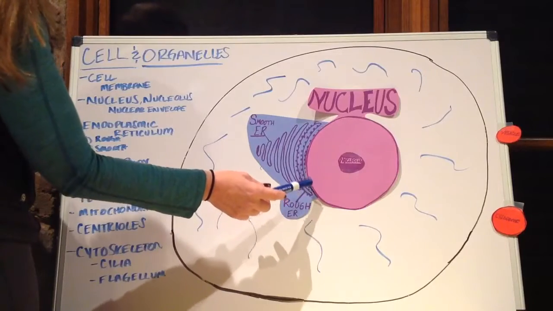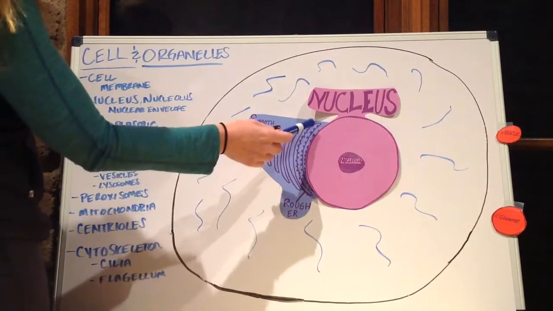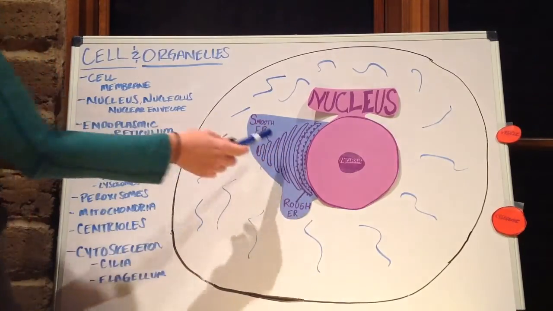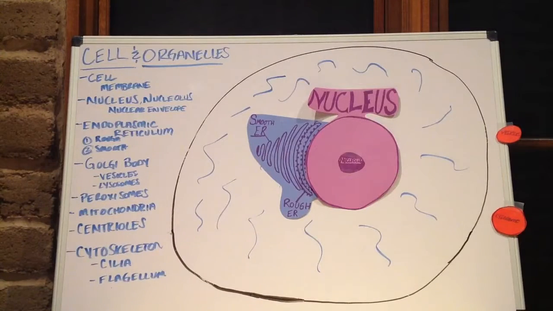As the rough endoplasmic reticulum continues, it goes into a smooth endoplasmic reticulum. The smooth endoplasmic reticulum has no ribosomes and detoxes the cell. The rough endoplasmic reticulum, on the other hand, makes proteins and phospholipids.